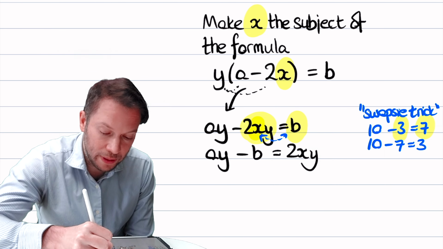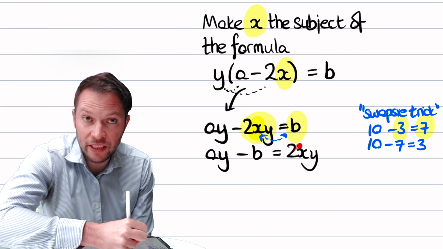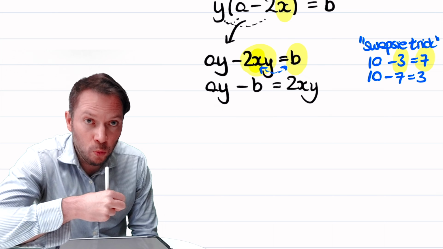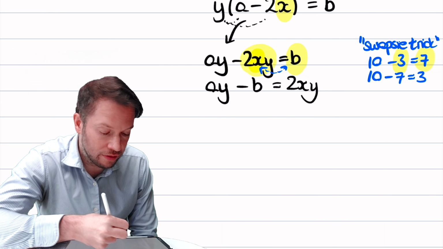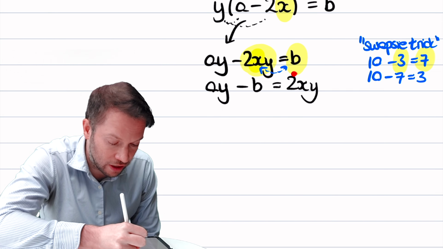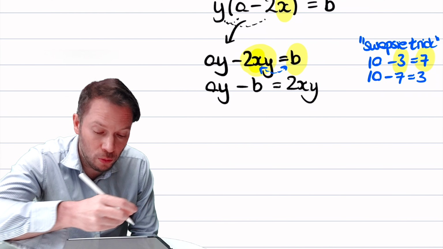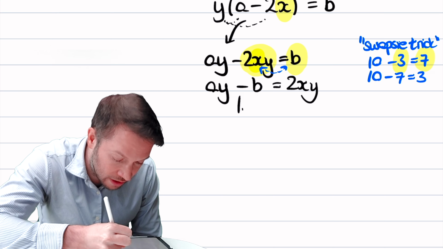And now that's good because now the x is a bit more freed up. It's not being subtracted from something anymore. Now, again, we want to get the x on its own. We think what's happening around it and undo those things around it. Now, the x has been multiplied by the 2 and by the y. So to get rid of the times by 2y, we divide both sides by 2y.